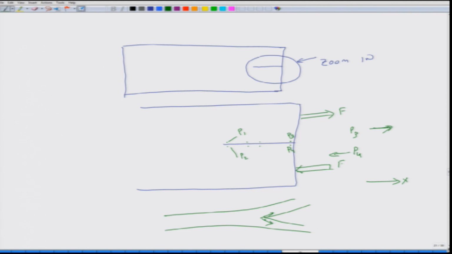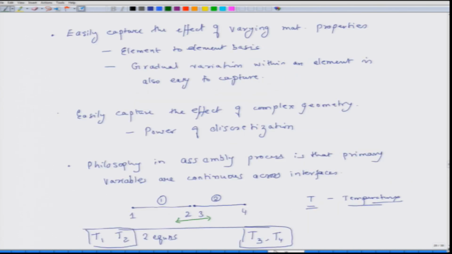In these types of situations we do not impose the condition for continuity, we impose some other conditions, but to FEA it does not matter whether the situation is continuous or not. If it is continuous, then we impose the condition that across the interface the primary variables are the same.